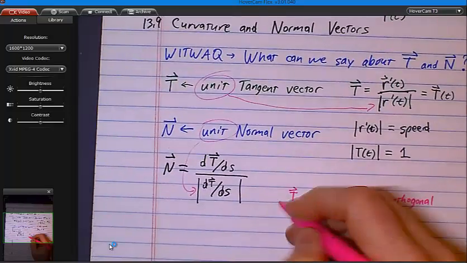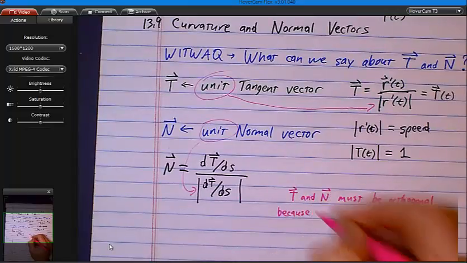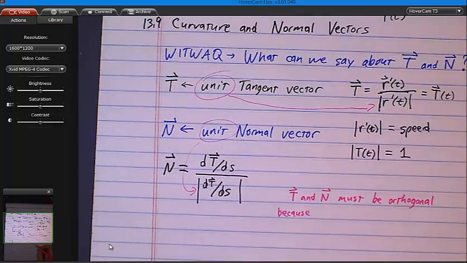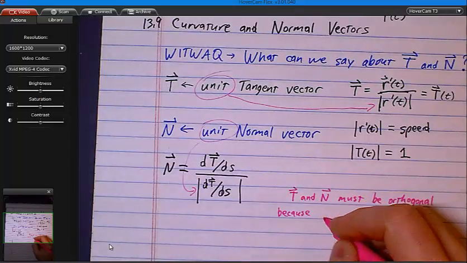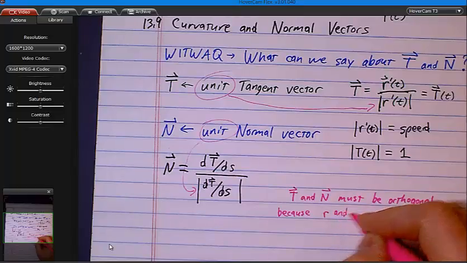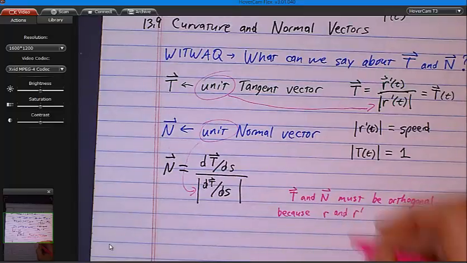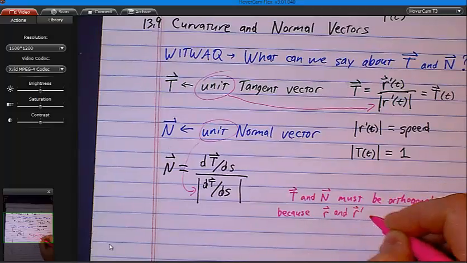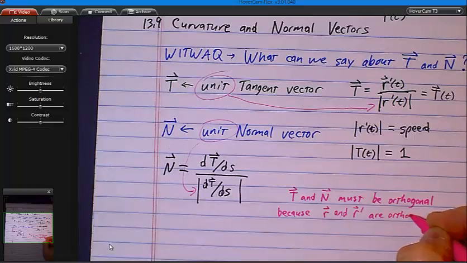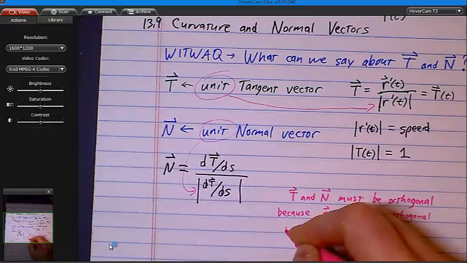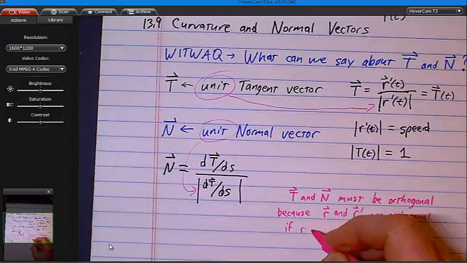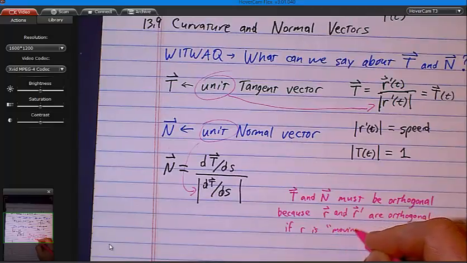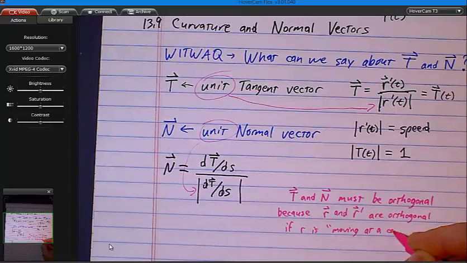Well, because there was this proof we did where we said vector r and vector r prime are orthogonal if, and I think the wording we used was, if r is moving at a constant speed. Is that what we said? I think we said something like that.